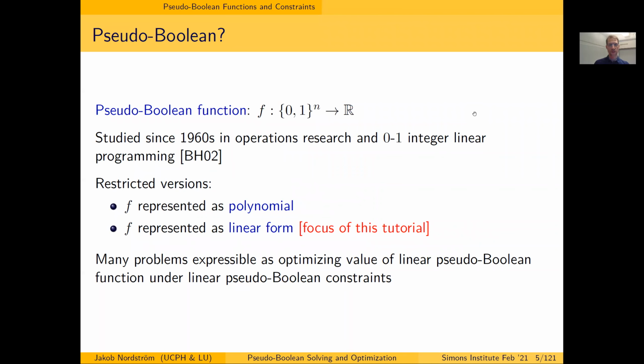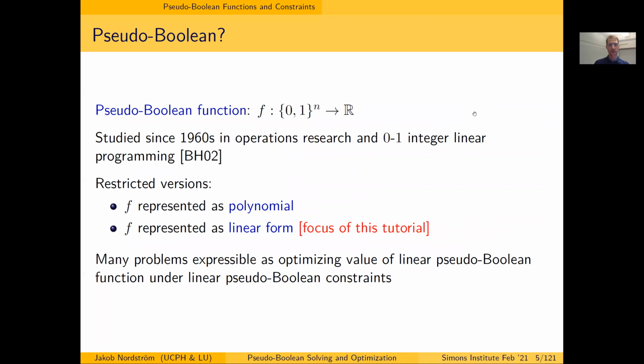And these pseudo-Boolean functions have been studied since the 1960s in operations research and in integer linear programming. We are interested in 2 restricted versions. First, where the functions f can be represented as polynomials.